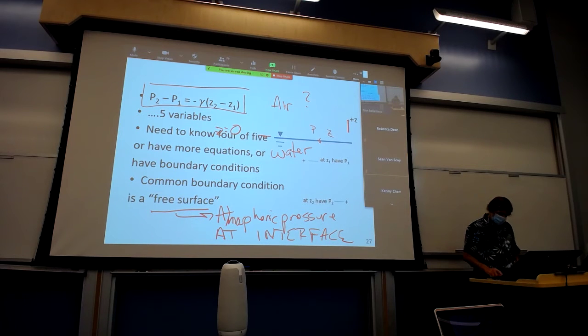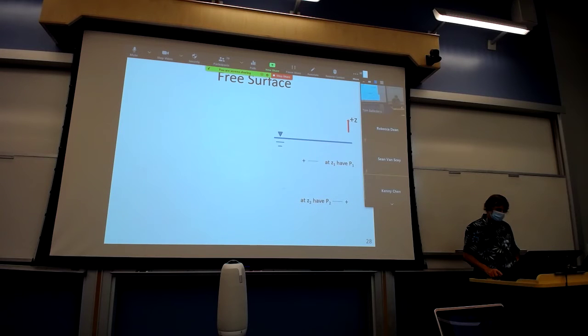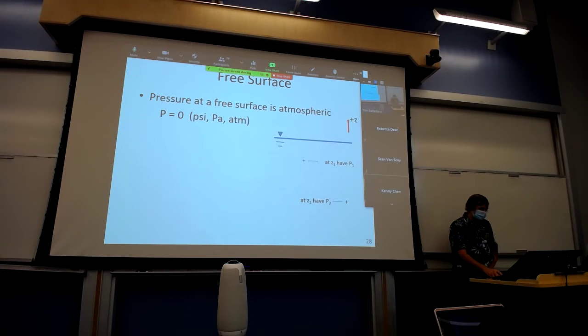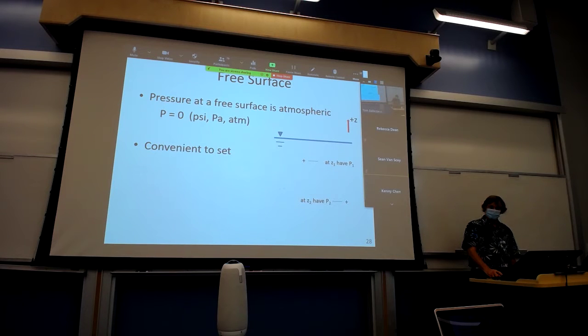So again, the free surface is where we have atmospheric pressure at the interface. It's convenient to set that elevation datum also at that surface. And again, you've knocked off 2 of the variables.